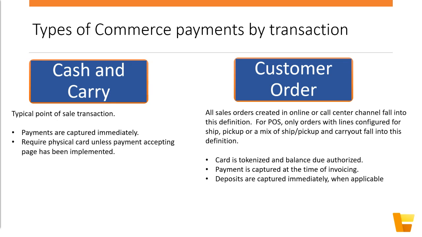So customer order isn't a quick, clean transaction like cash and carry. There's a fulfillment aspect there, and that makes the payments a little bit more, not necessarily complicated, but a little more involved.